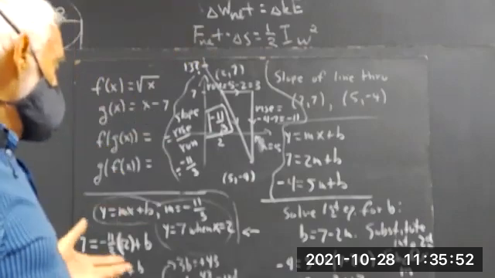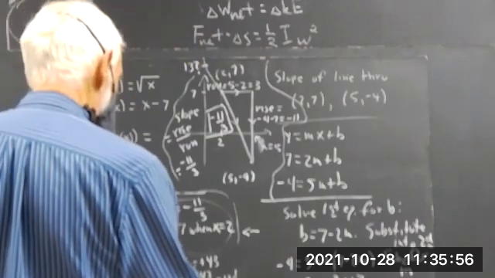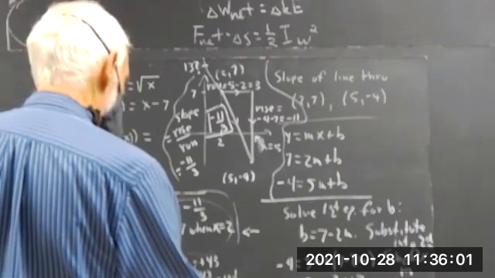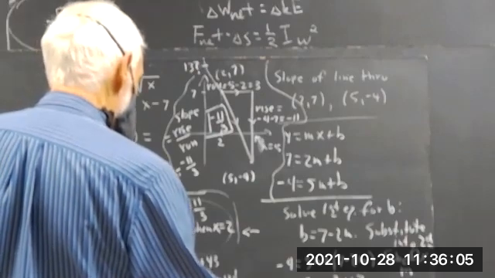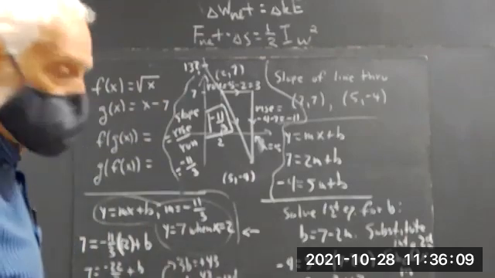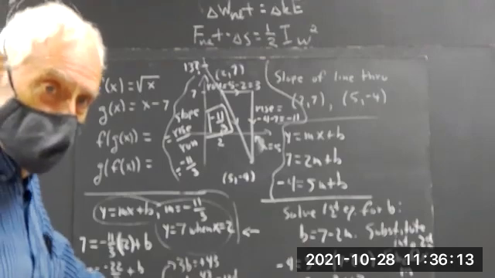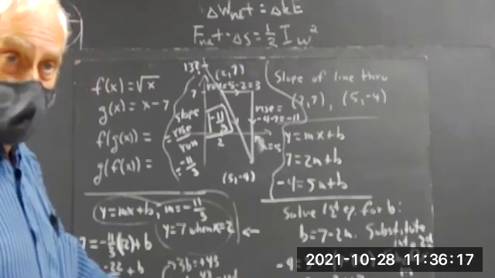Now, why should it? Well, our equation would be y equals negative 11/3 x plus 13 1/3. Okay. If x equals 0, y would have to equal 13 1/3.